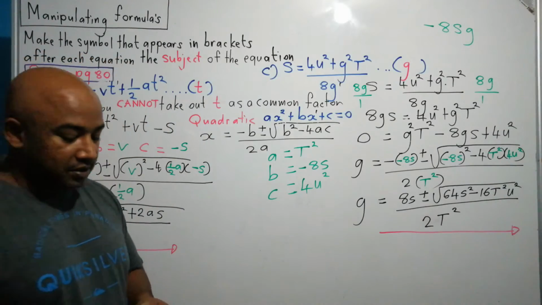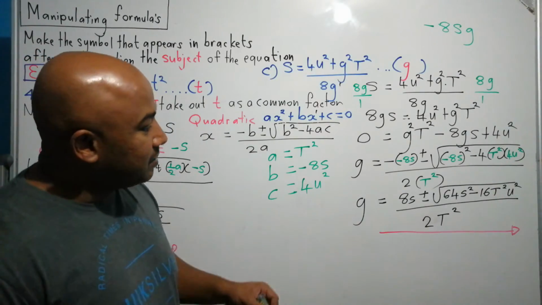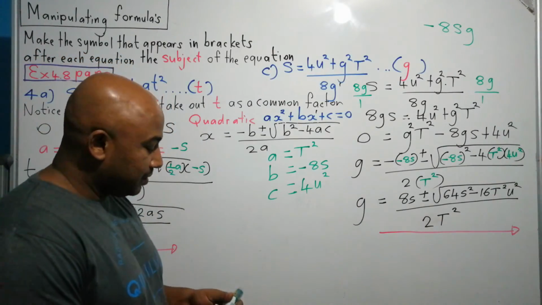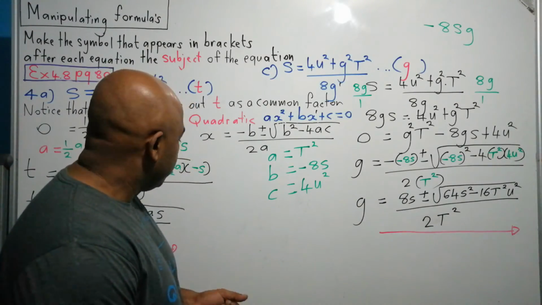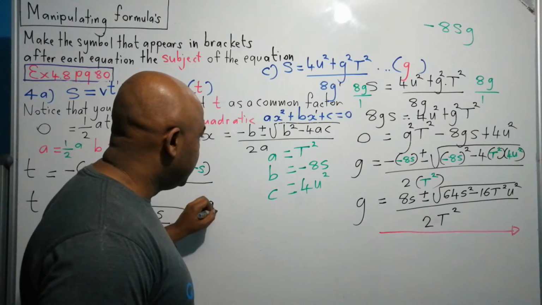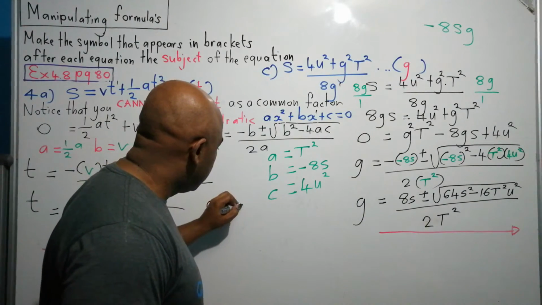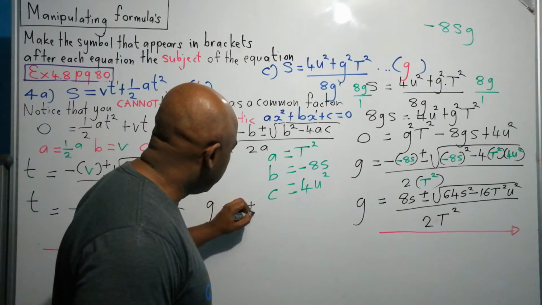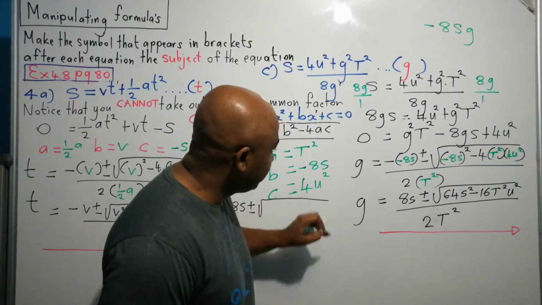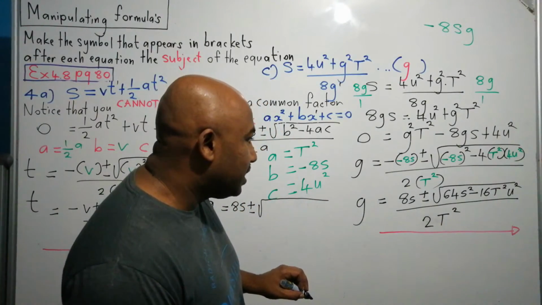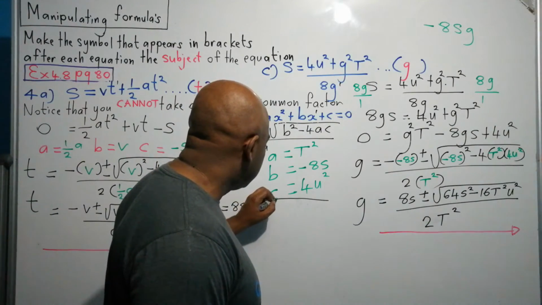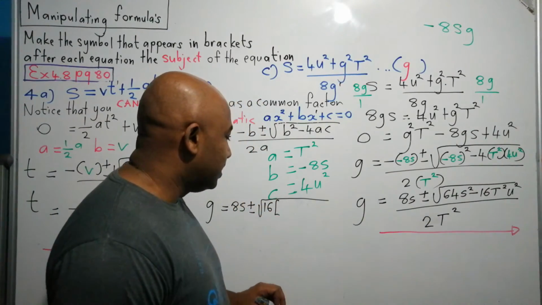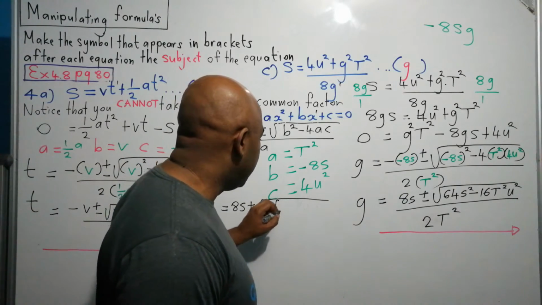But in the textbook, the final answer is simplified as far as possible. So let's see how we're going to do that with this one here. So therefore, if I have g is equal to 8s plus or minus the square root of, I can take out a common factor there of 16.